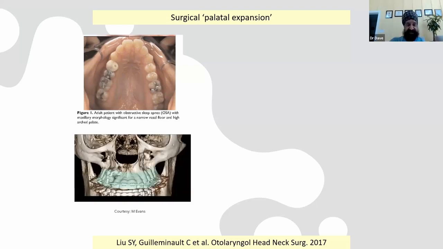And the idea for the surgical expansion is that we do not want dentoalveolar changes. So you can see here in green, we don't want to really change the dentoalveolar part of things. We really want to target the nasal floor to be able to improve the upper airway in the surgical cases.